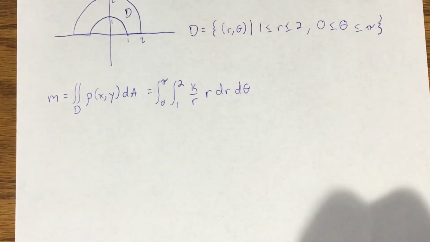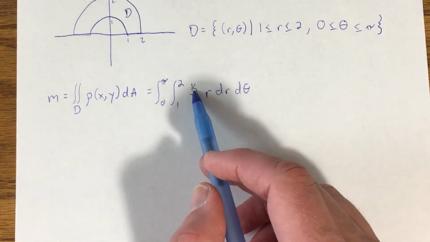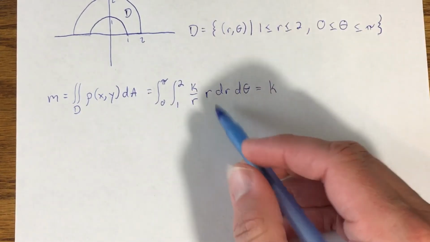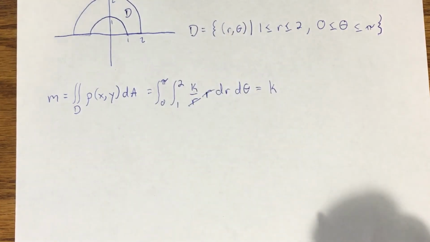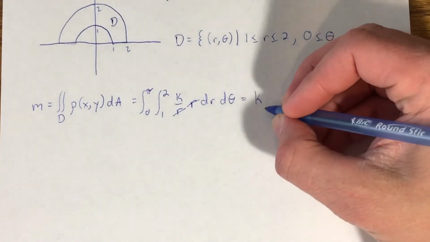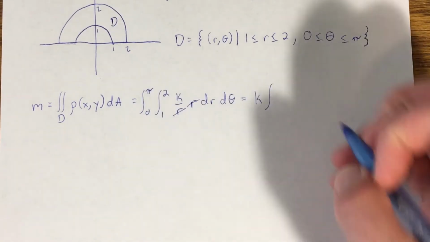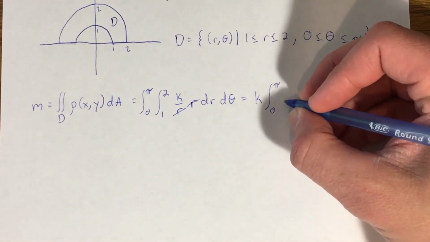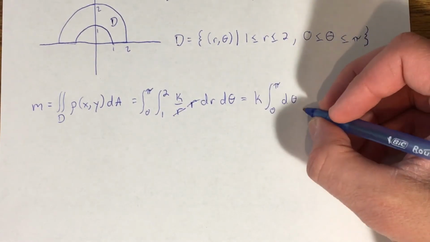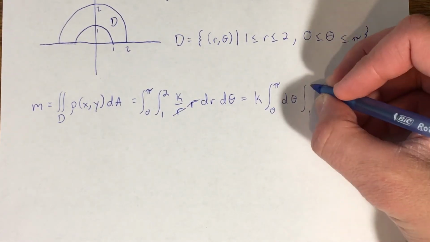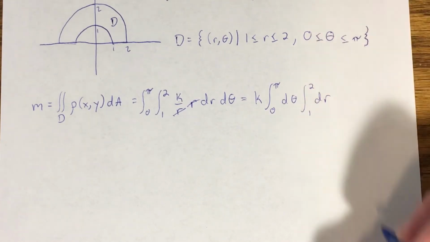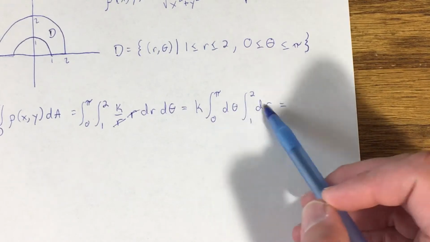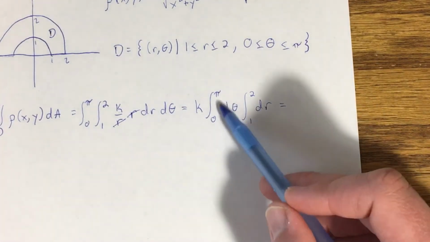This simplifies by a great deal because the k, the constant of proportionality, can be brought all the way out of my integral. The r's cancel. And what I'm left with, if I take the d theta out here, is the integral from 0 to pi of d theta times the integral from 1 to 2 dr. Each of these is just the difference between their limits.